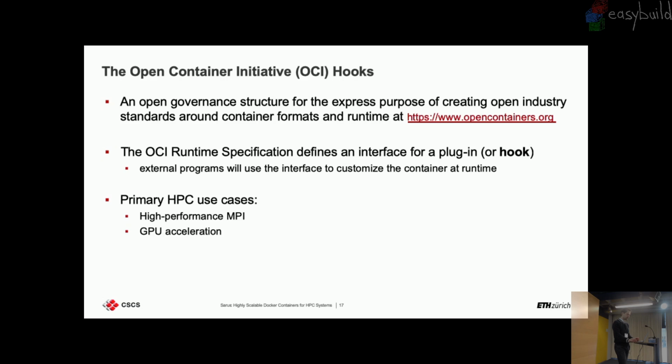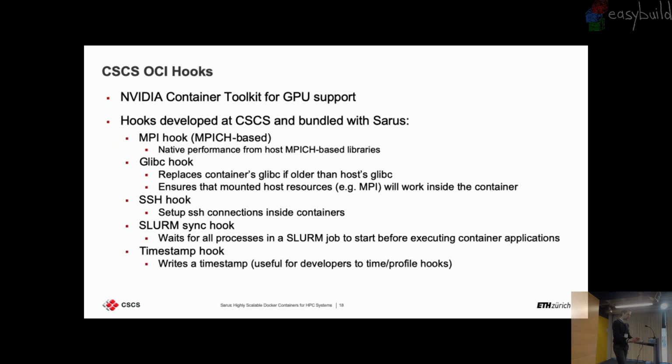Now, at CSCS, the OCI hooks that we use were the NVIDIA Container Toolkit that is already deployed by NVIDIA, and then a set of hooks that were developed at CSCS and are bundled together with Sarus.